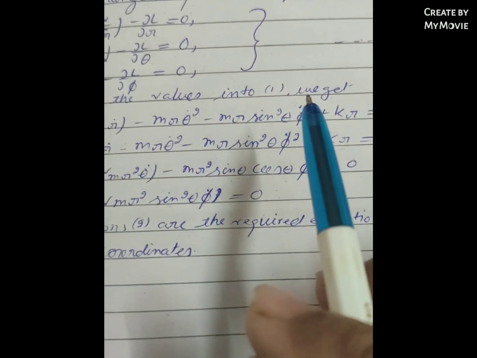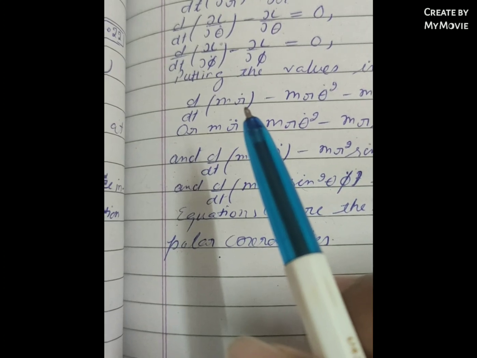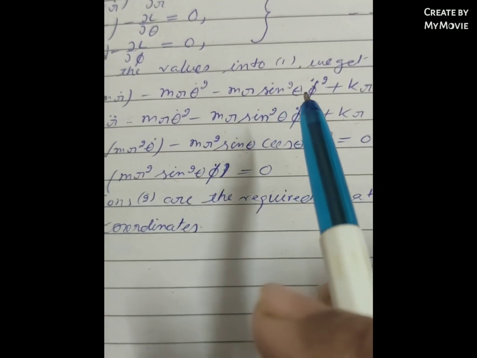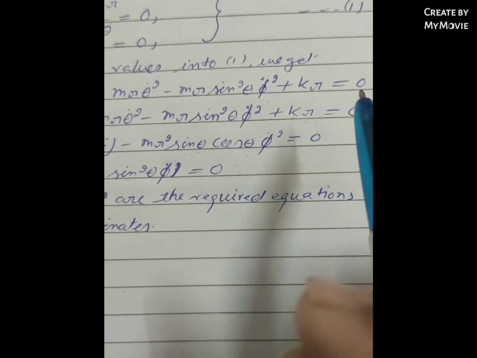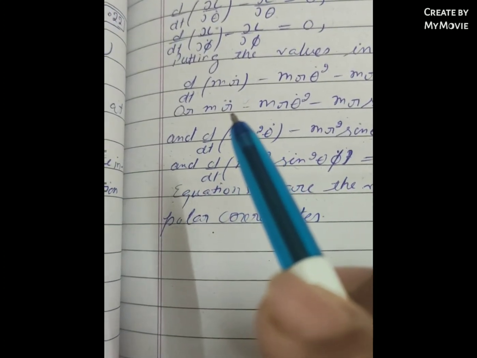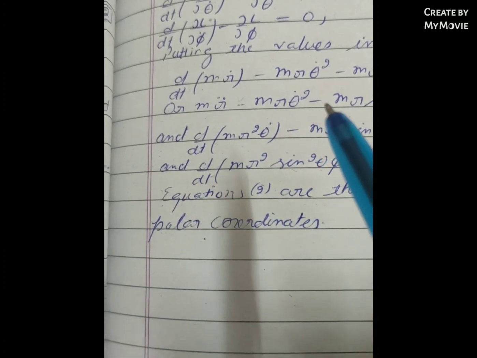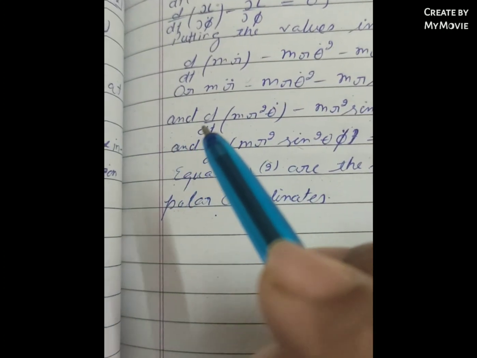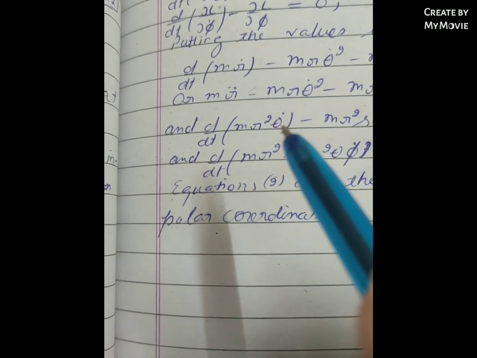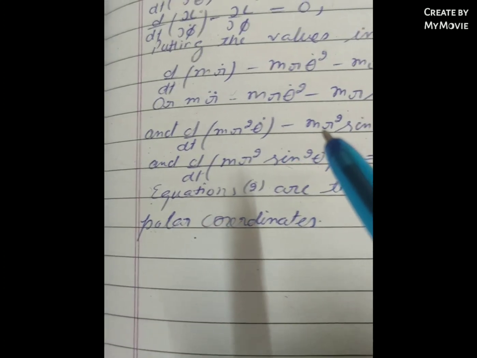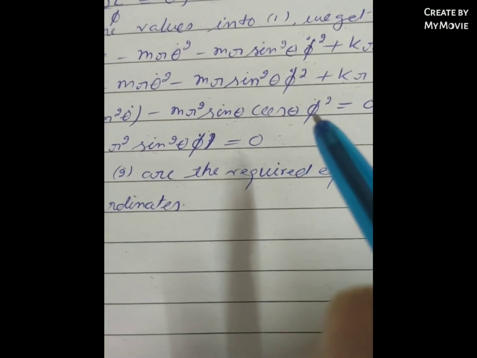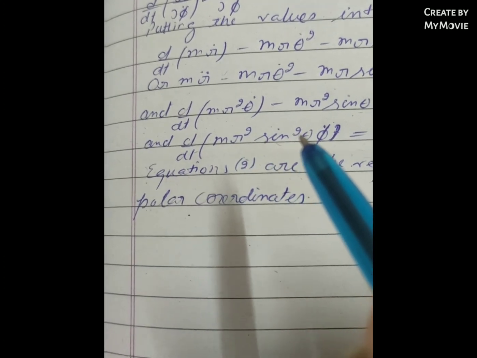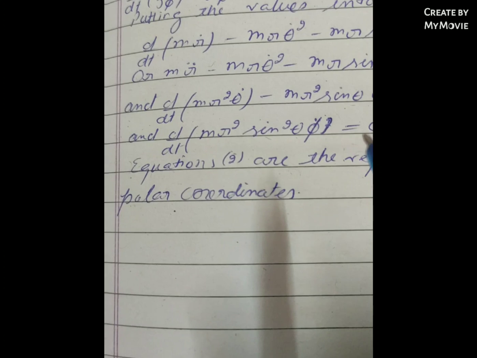Putting the values into equation 1, we get d over dt [m r dot] minus m r theta dot squared minus m r sin squared theta phi dot squared plus k r is equal to 0, which is m r double dot minus m r theta dot squared minus m r sin squared theta phi dot squared plus k r, and d over dt [m r squared theta dot] minus m r squared sin theta cos theta phi dot squared is equal to 0, and d over dt [m r squared sin squared theta phi dot] is equal to 0.